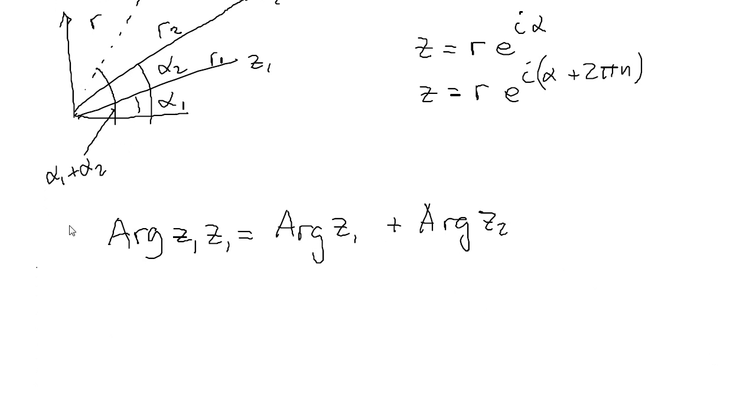So here we have that the argument value of z1 z2 is equal to the argument value of z1 plus the argument value of z2.